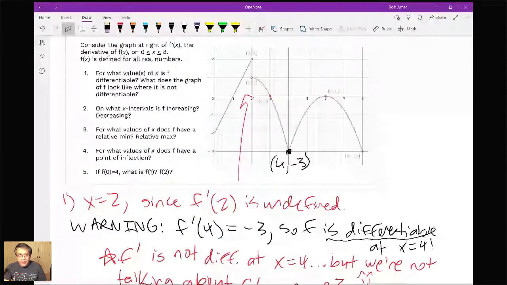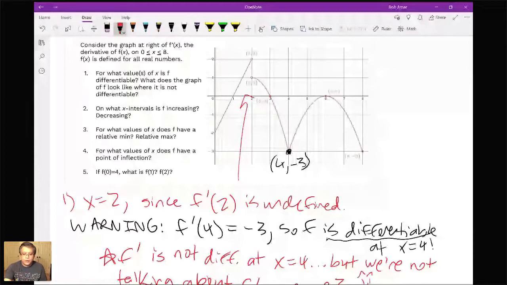A couple of people answered, and I think most of you agreed that it would be a cusp. Some of you said it would be an asymptote. The derivative is a number heading into each of these things. The derivative doesn't go to infinity, so I would not expect an asymptote.